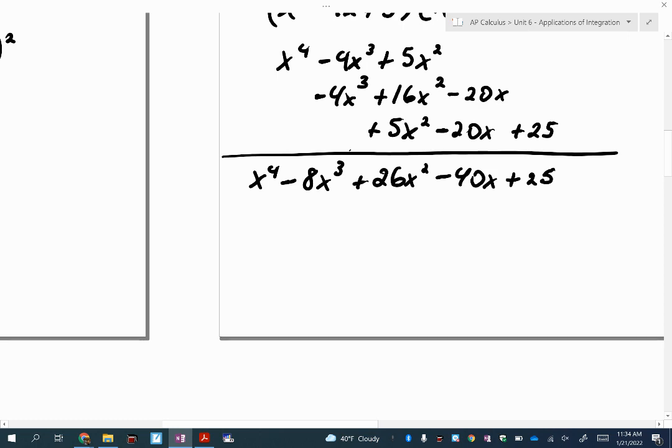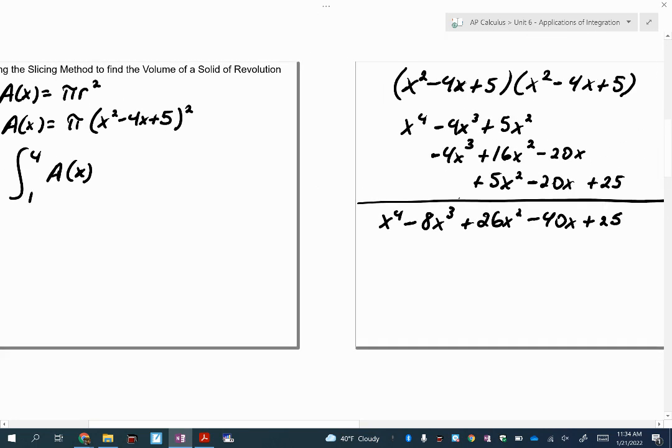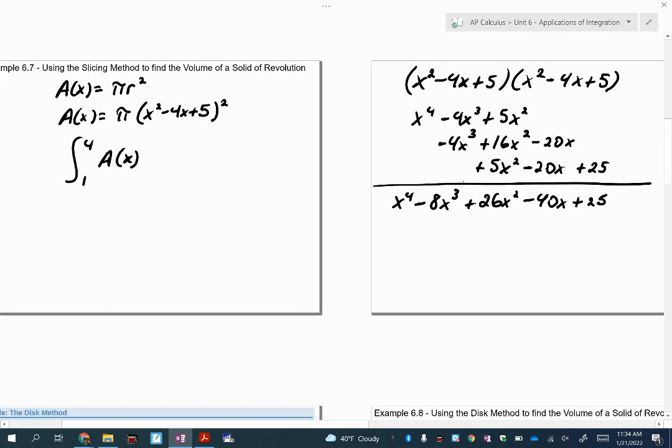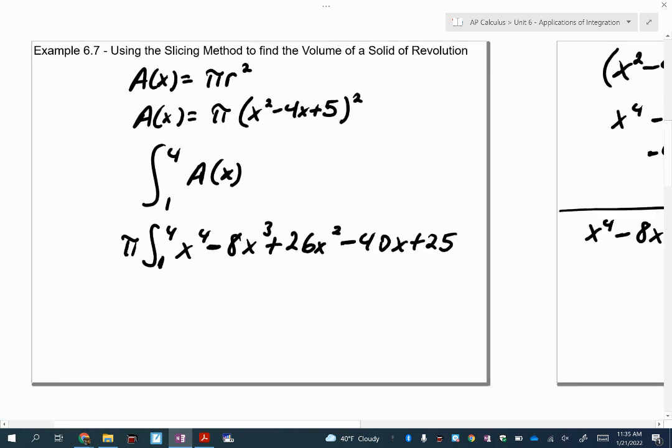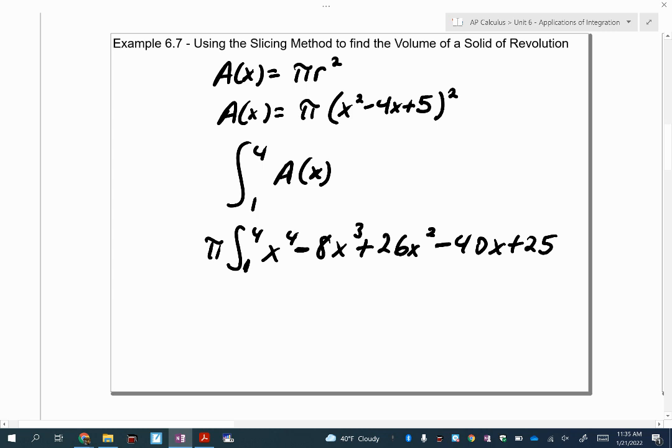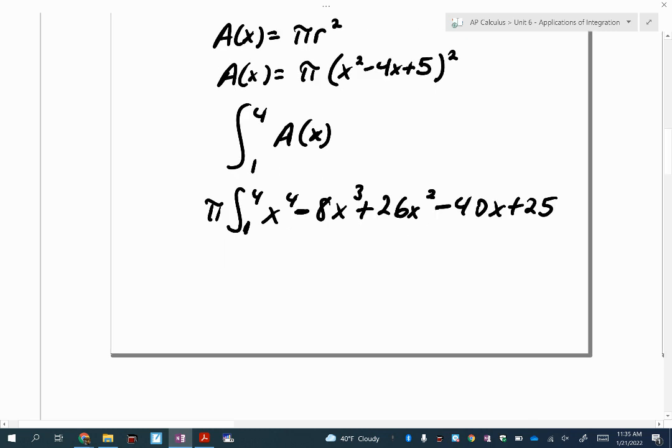So that is going to go next to pi in my integral here. I'm going to put the pi out front, it's just a constant. So the integral of x to the 4th power minus 8x cubed plus 26x squared minus 40x plus 25. Now, we've done many integrals of polynomials, so hopefully you feel confident about this.